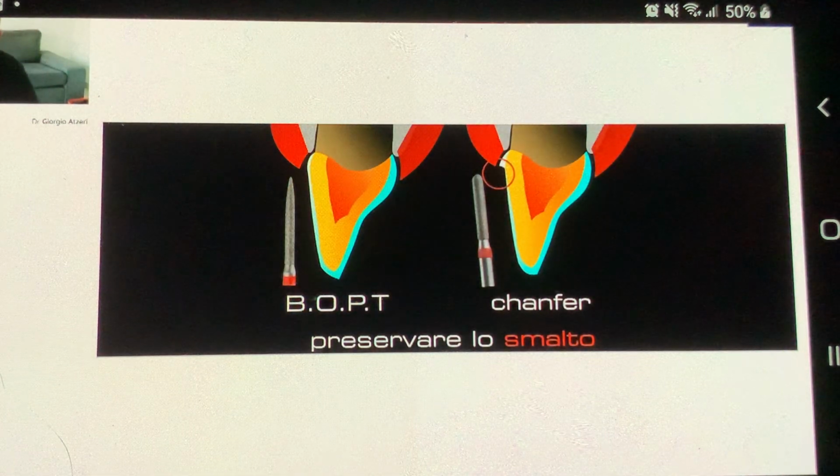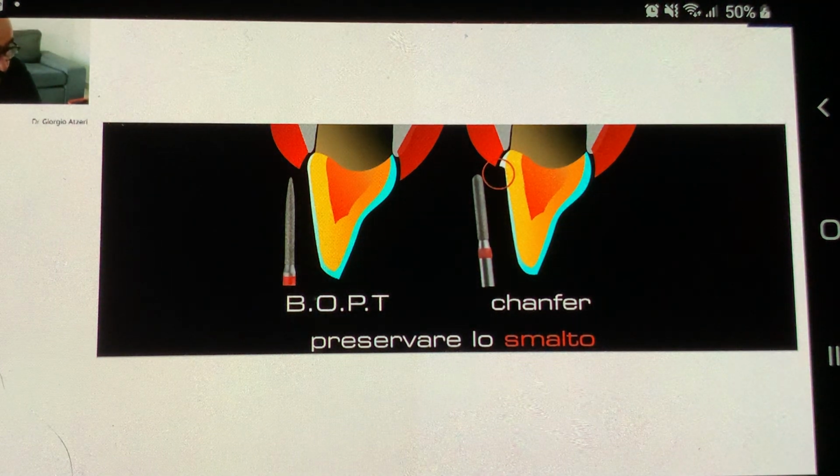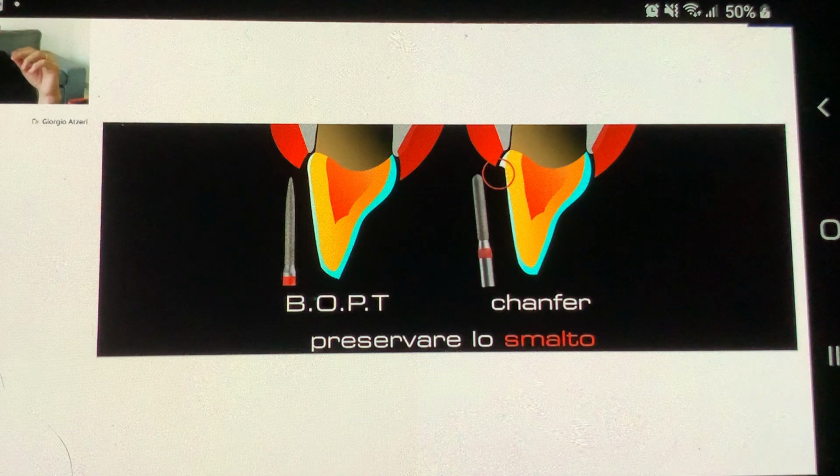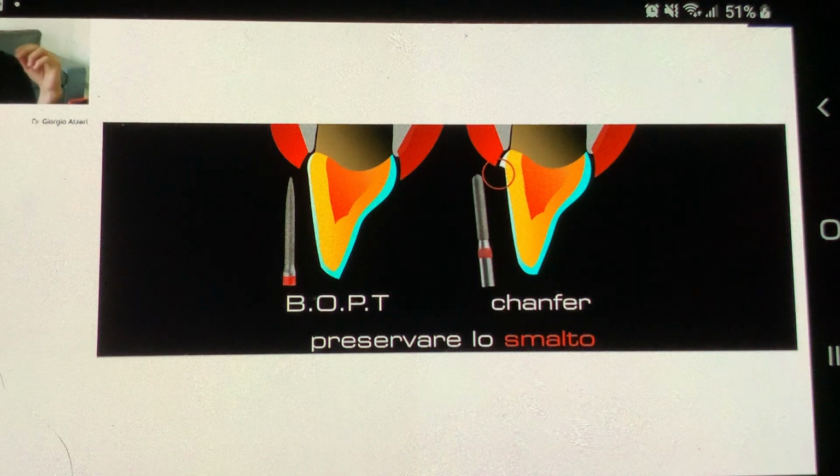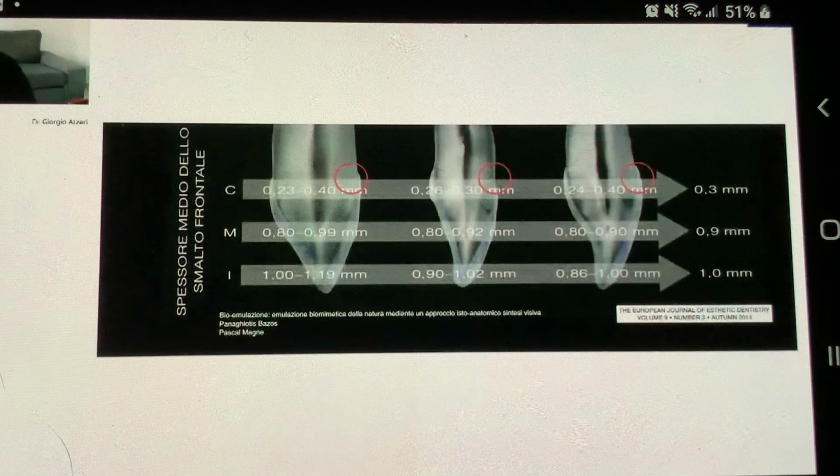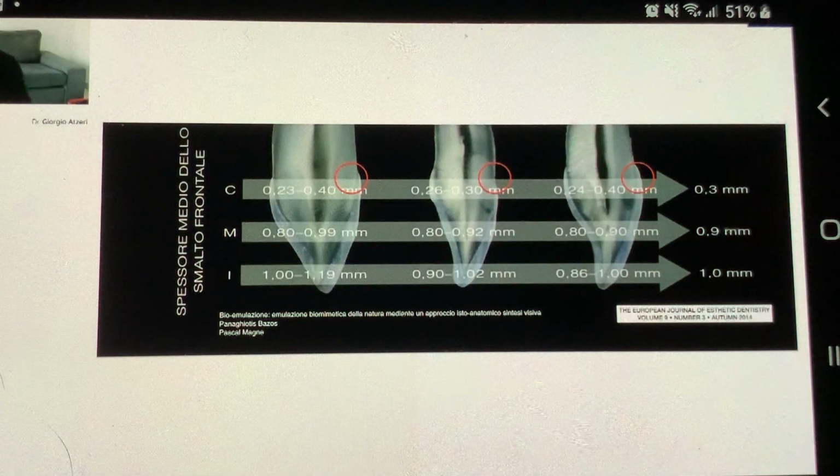And this can be done better than through a chamfer, because chamfers are a way of working by creating a finish line at the point where the enamel is thinner. So we really try to avoid doing this because we want to have a longer life of veneers, as this researcher said in this paper.